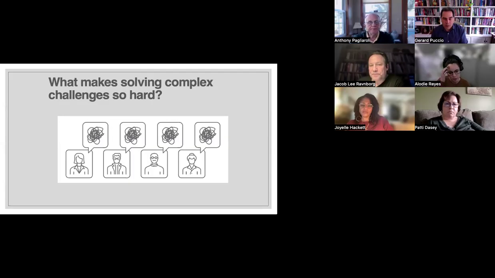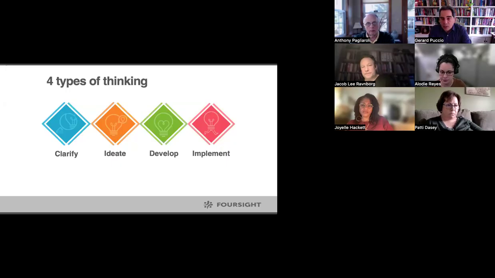And because of those preferences, when collaborating, that can often lead to conflict, miscommunication, or simply friction among people as they're working together to solve problems. So these four types of thinking we call clarify, ideate, develop, and implement. And what we have found through research is that people have different degrees of preference for these four mindsets.